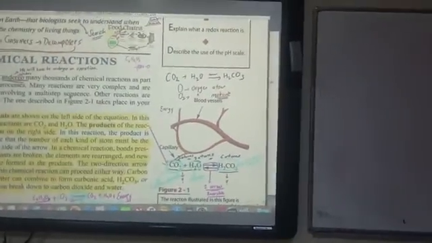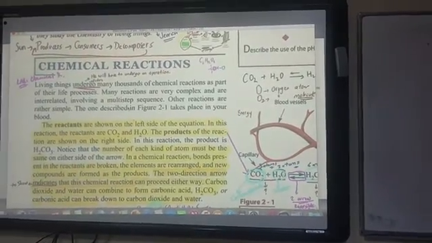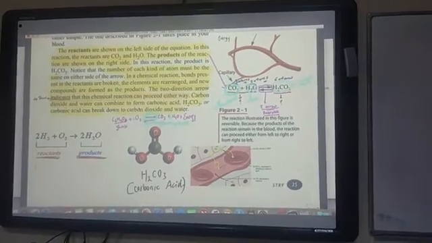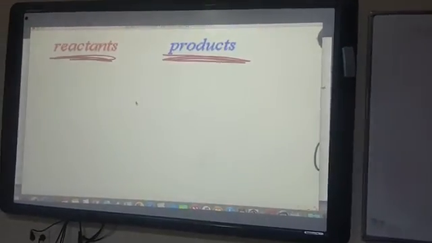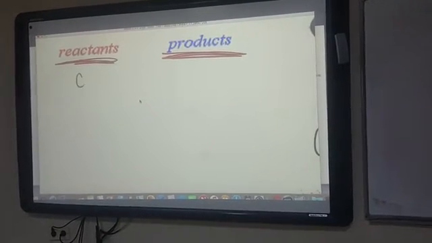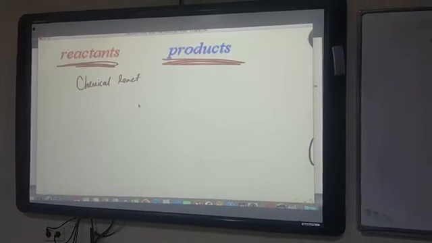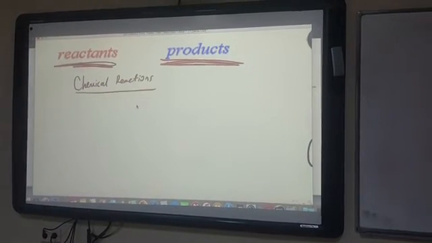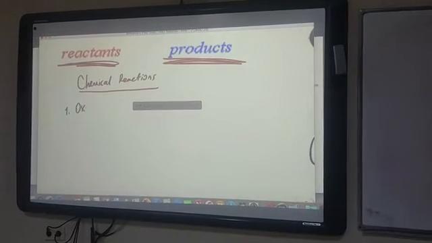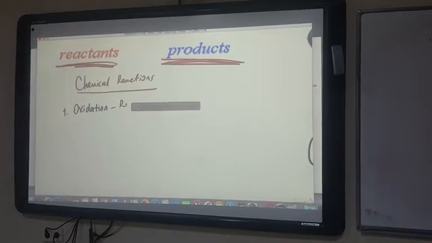And the second part, chemical reactions. Here, firstly, we should classify the reactions. First one, oxidation and reduction.